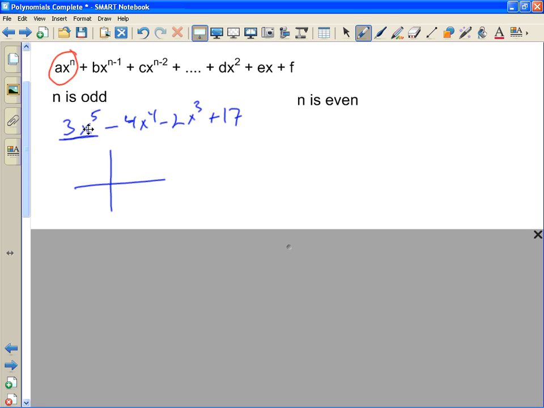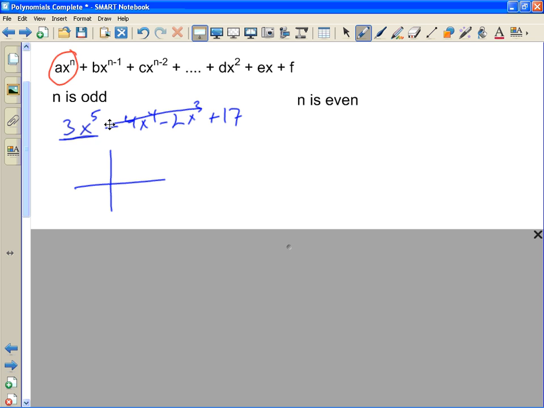So think of a very large number, like 1,000. 1,000 to the 5th power is going to be some astronomical number, so big that even though I'm still putting 1,000 in the other terms, this is only 1,000 to the 4th power, and that's pretty much overshadowed by the size of the leading term.